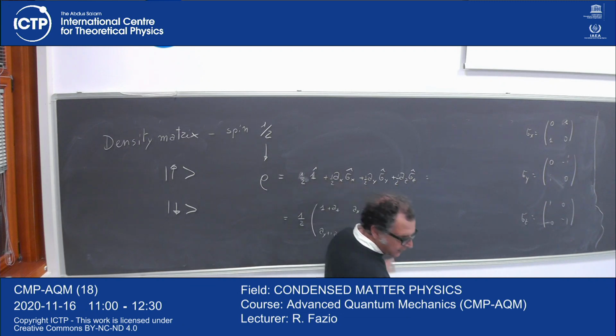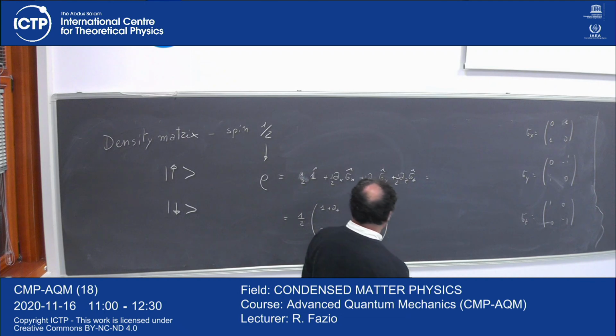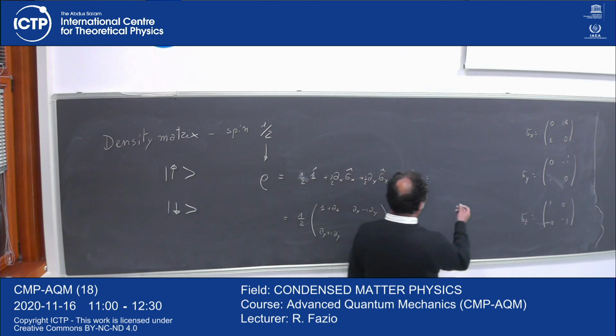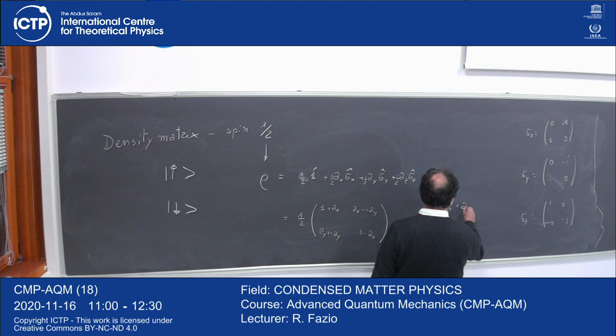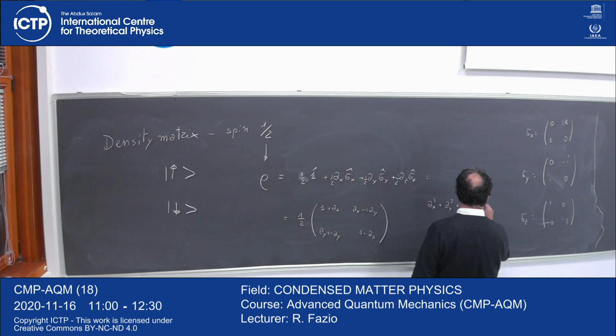If you compute it, it's not difficult. I give you the result: ax squared plus ay squared plus az squared should be smaller or equal to 1.